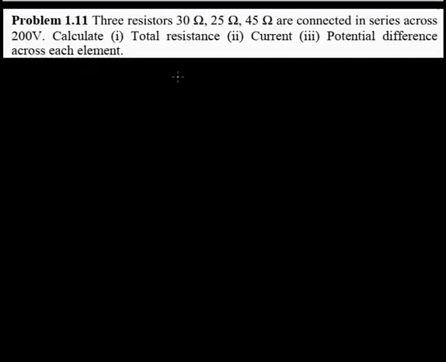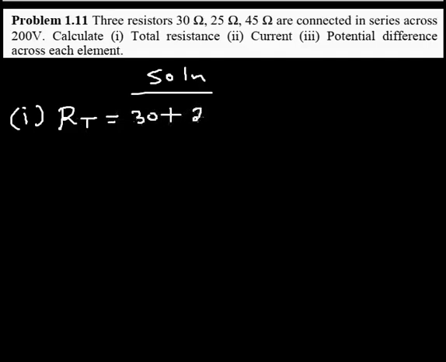Okay, so this question. Three resistors, 30 ohm, 25 ohm, 45 ohm are connected in series across 200 volts. Calculate their total resistance. Okay, solution. Since they are connected in series, their total resistance, that's the first part of the question, is going to be equal to 30 plus 25 plus 45.